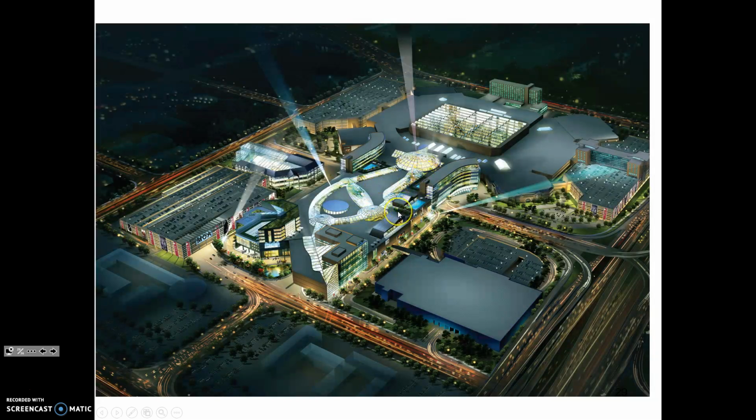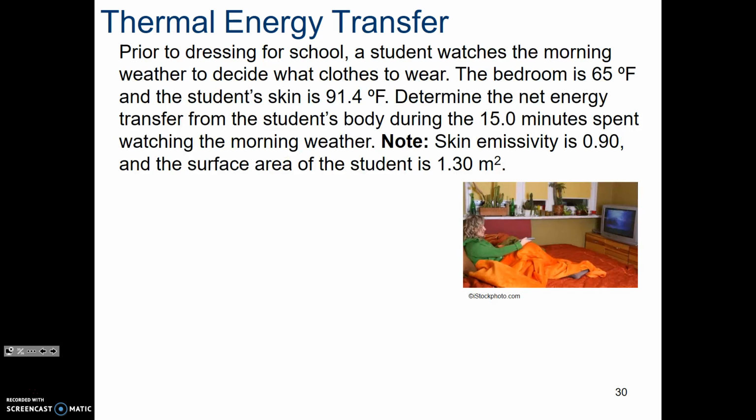So when you're building architecture, you have to think of, is this building going to heat up because of humans? We can think of that in our classrooms during the summers or late summers when school starts, as the school gets really hot because there are so many humans in it. So let's actually do that. Let's look at a human and how much heat they have.